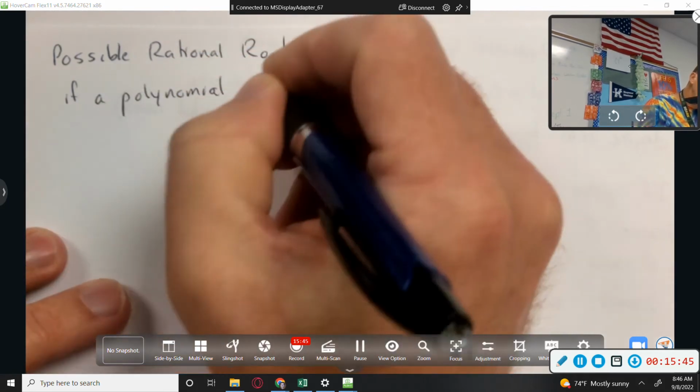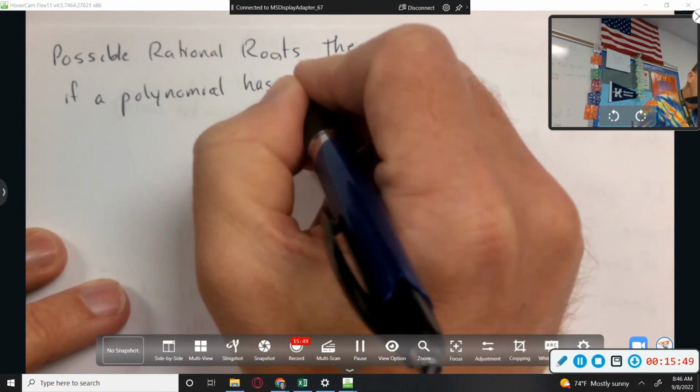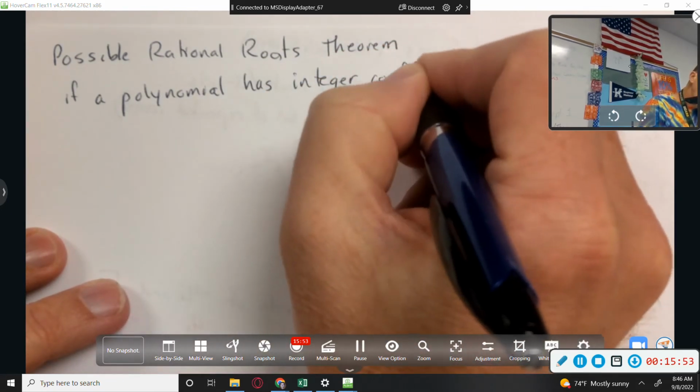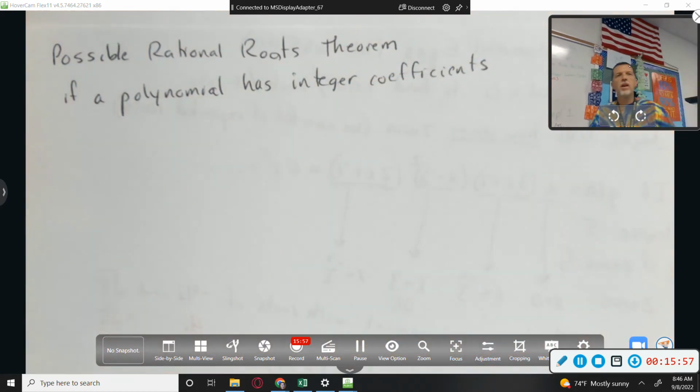If a polynomial has integer coefficients, so they usually do, but that means no weird coefficients, no square root coefficients, no fraction coefficients.